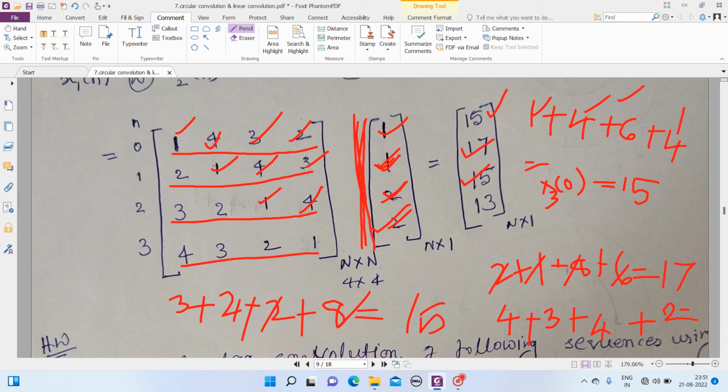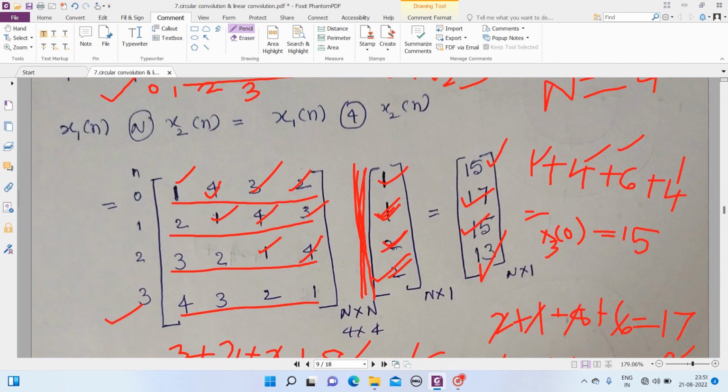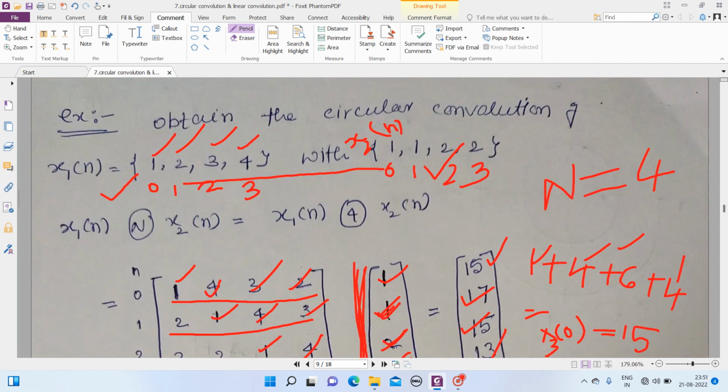So 4 plus 3, 7, right? 7 plus 4, 11. 11 plus 2, 13. You got the last value of x3 of n, that is x3 of 3. So this is the circular convolution of x1 of n and x2 of n. The result is x3 of n.